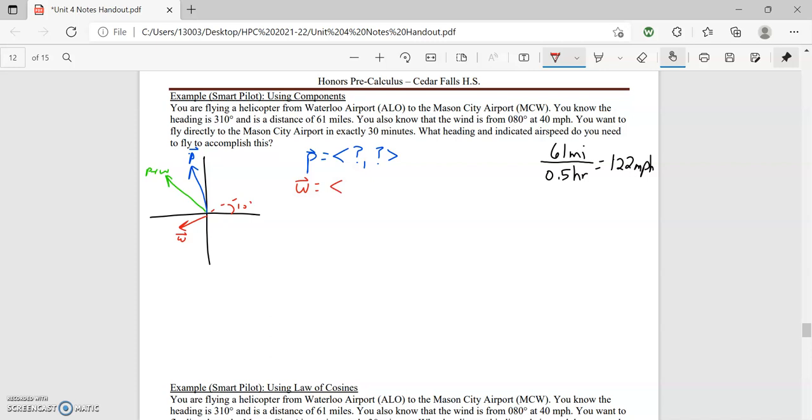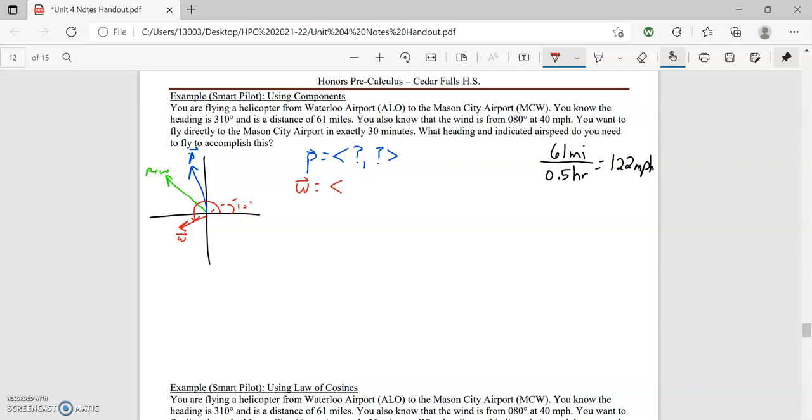And again, now we need to do a little bit of work, right? We need to figure out 10 degrees, yeah, 10 degrees. So again, when we write the vectors in component form like this, we have to go back to using direction and using the positive x-axis as 0. So in order to get the angle for our component form wind vector, we need to know that angle right there.